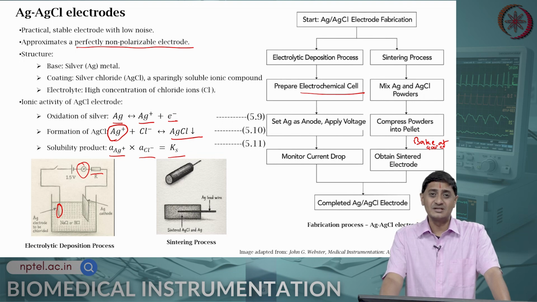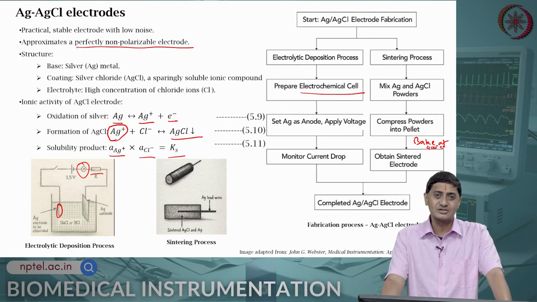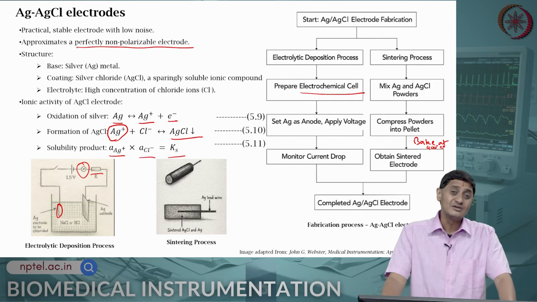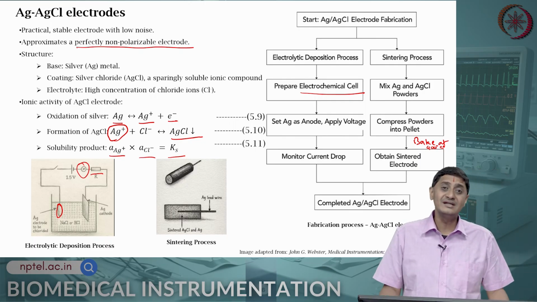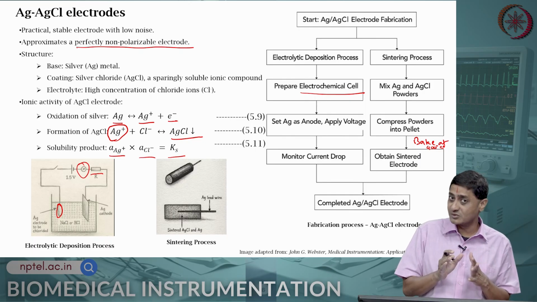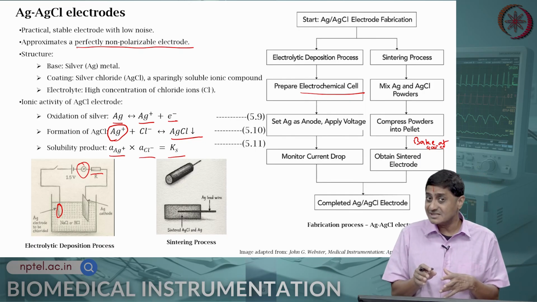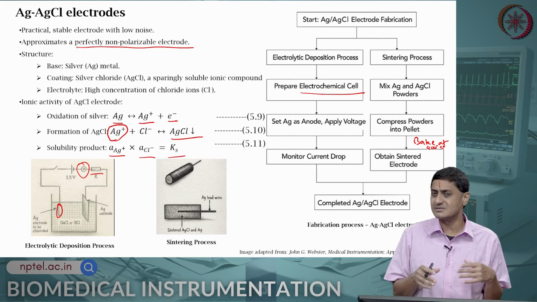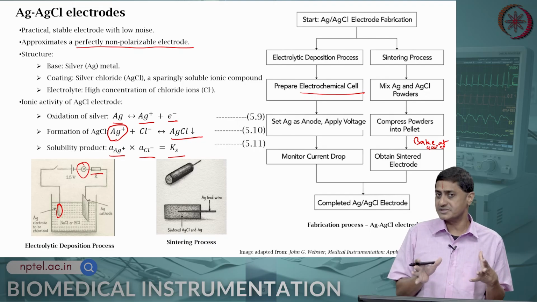It is possible during rugged use that some silver chloride coating may get scraped off the electrode, directly revealing the silver, in which case you are not going to get the ideal characteristic, because you are interested in having silver chloride on top of the silver electrode, because the electrolyte is the bodily fluids, which is a solution containing chloride ions.